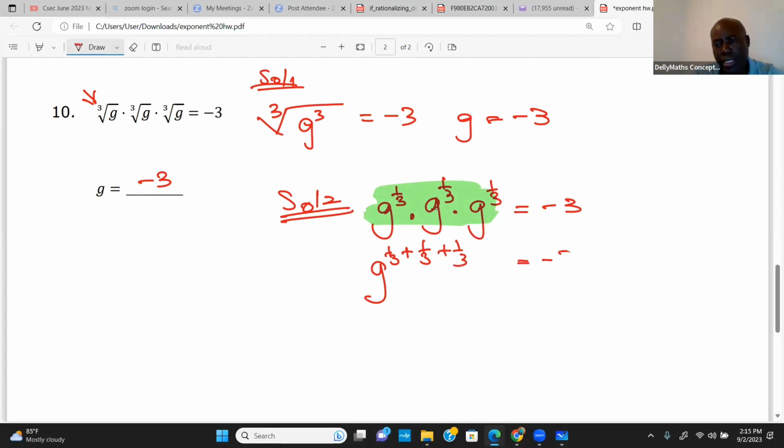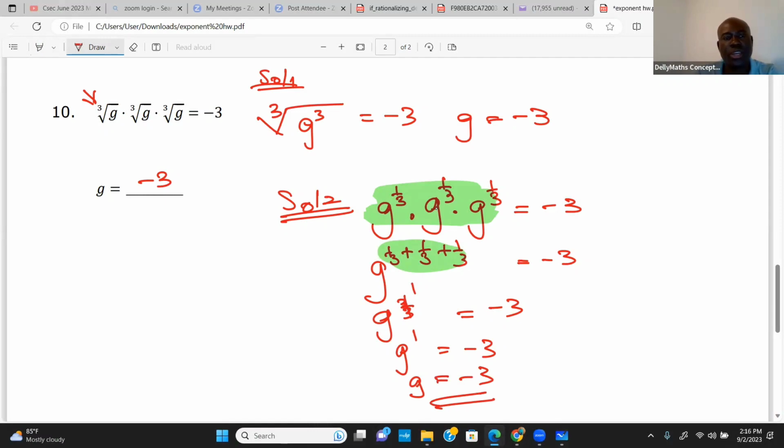Now, if I'm adding these, my final response is 3 over 3. 3 over 3 will cancel to give 1. So this is my g, and this is the identity exponent. G to the 1 is g, which is equal to -3, and we're done.